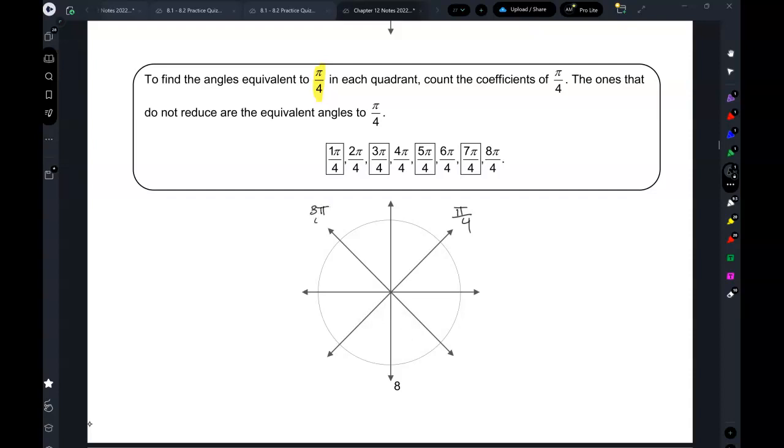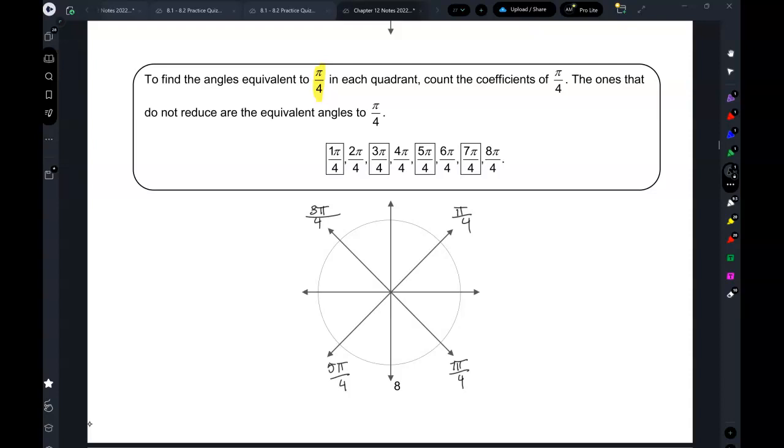No. 4 pi over 4 doesn't work. 5 pi over 4 works. 6 cancels. 7 pi over 4 does not cancel. What's 8 pi over 4? 2 pi. So we just made a full circle. So if you're walking down the street and somebody says, hey, tell me the pi over 4 equivalents, you're like 1 pi over 4, 3 pi over 4, 5 pi over 4, 7 pi over 4.